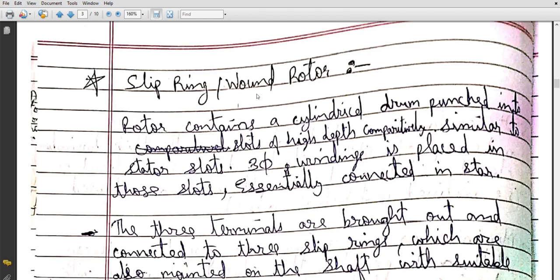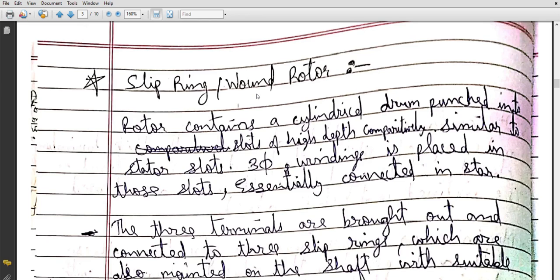Suppose my stator was carrying four poles, and I've designed my stator winding accordingly. I've also designed my rotor three-phase winding accordingly, and put it in different slots so that it creates four poles. So it is a balanced condition: four stator poles and four rotor poles.